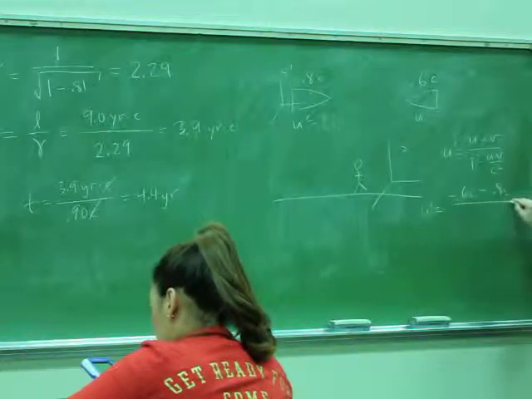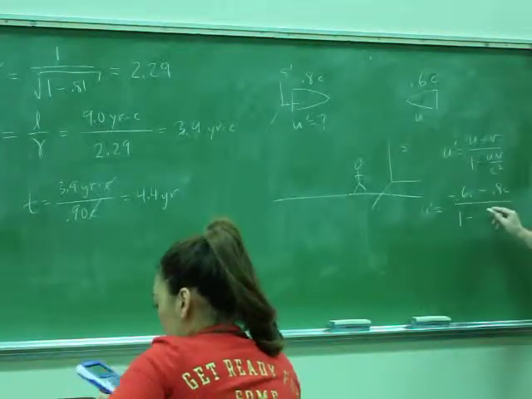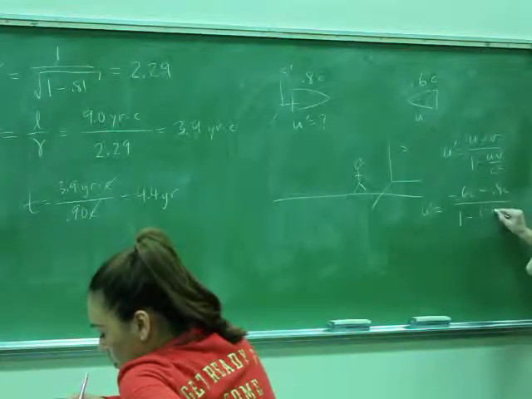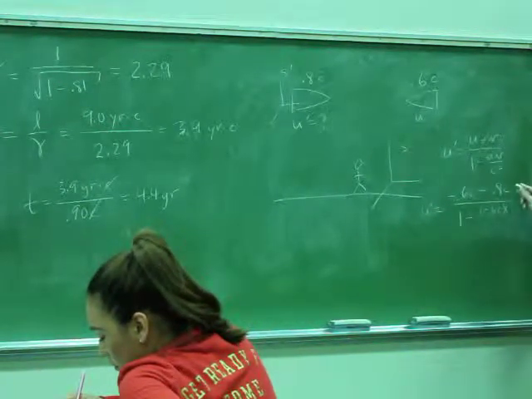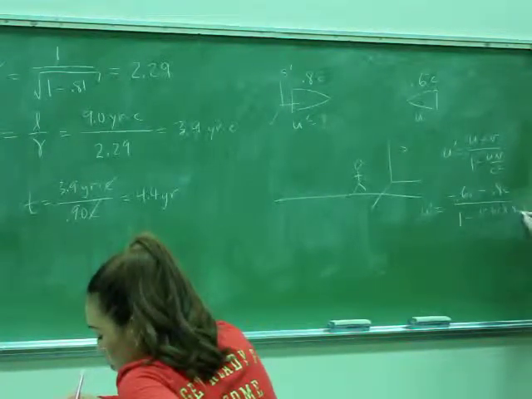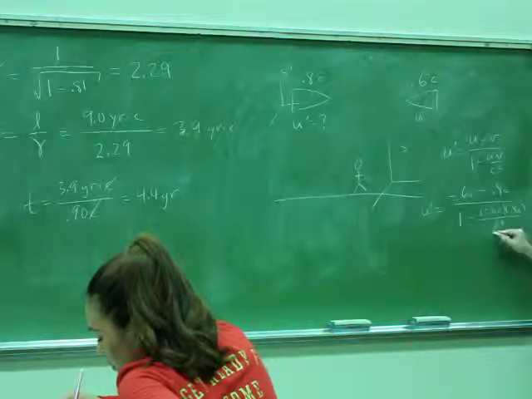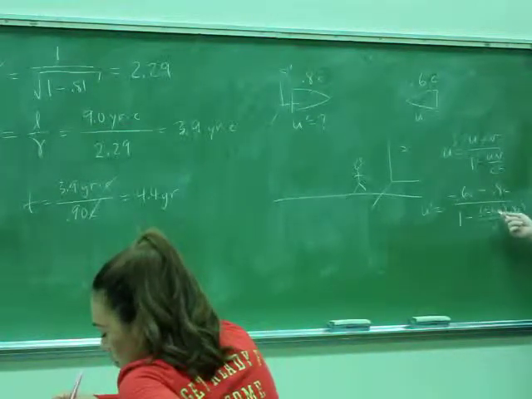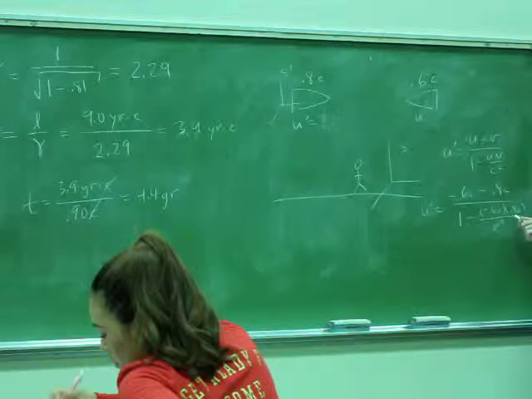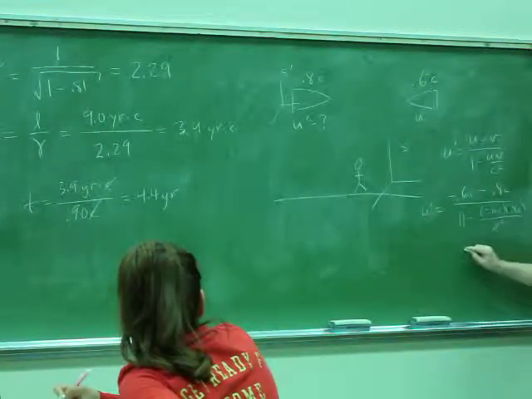All right. Then, in the bottom, I have 1 minus, and it's the same things again. U is minus 0.6 C, and then it's times, not negative this time, 0.8 C all over C squared. So the C squareds cancel, and I have negative 0.6 times 0.8 is 0.48, but I have another negative, so I get 1.48 on the bottom.